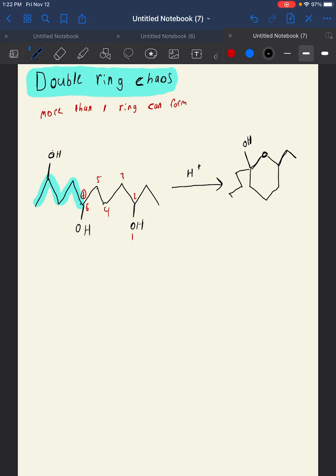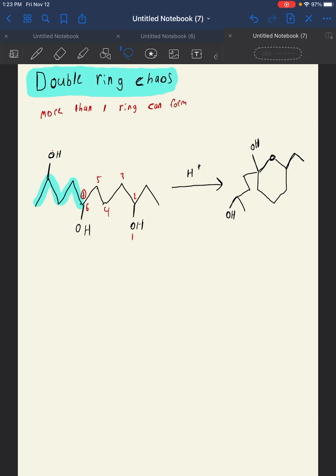1, 2, 3, 4. Now count my carbons though, just to be safe. 1, 2, 3, 4, 5. And then at the second position, I actually still have that OH. And I apologize, these can look a little sloppy, but this is what it would look like. Now we can actually have the OH leave from here, since we do have excess H+, making this positive and turning this OH into a leaving group.